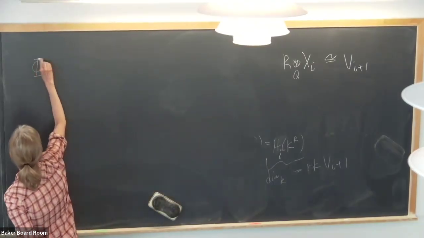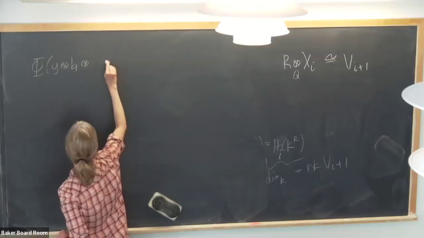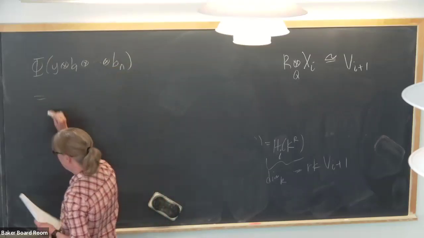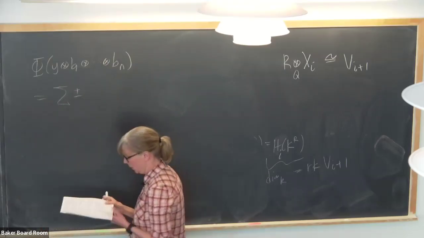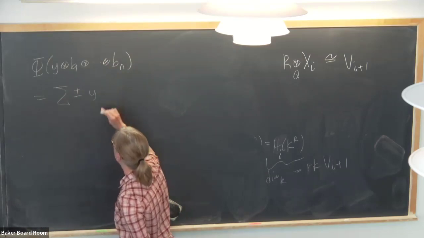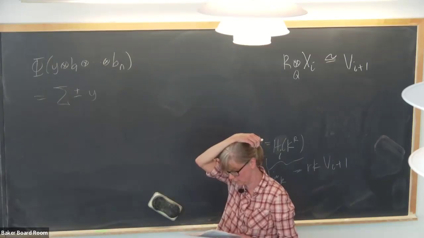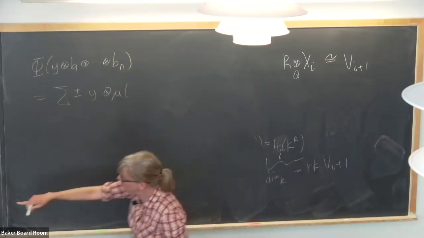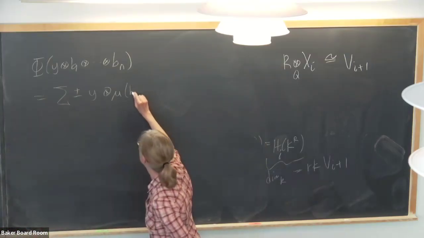Where phi of y tensor b1 tensor b something bn is the sum of plus or minus. So oh shoot, I think this is wrong. No, it's fine. Tensor, the lifted Massey operation, which actually lands in X tensor Y, of a bunch of the B's.